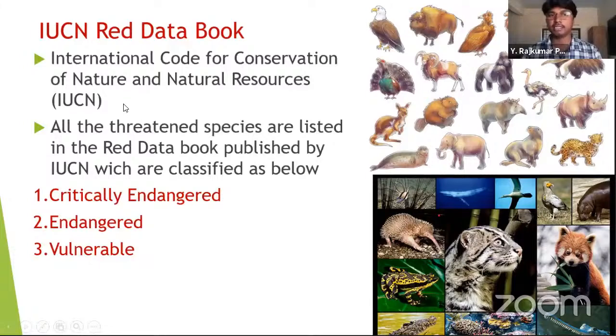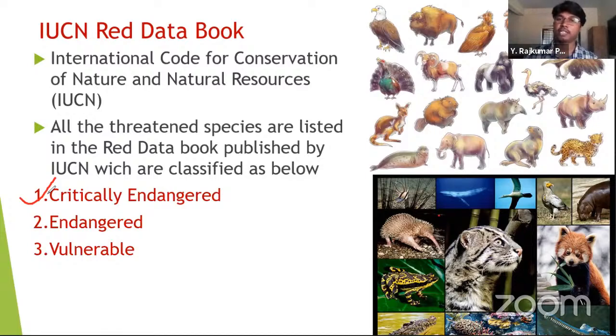So IUCN releases a book called the Red Data Book, and in that book, they list 3 kinds of animals. Critically endangered animals, that means they are highly in danger, and they are getting extinct. Their number of species has decreased. So they are called critically endangered animals.